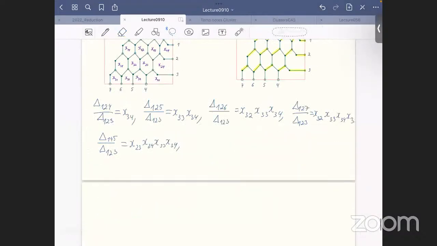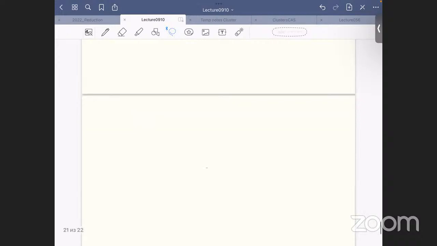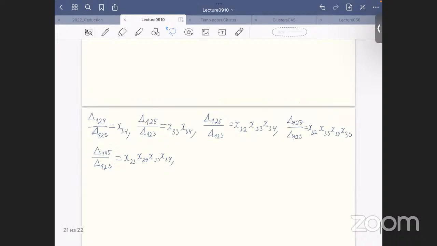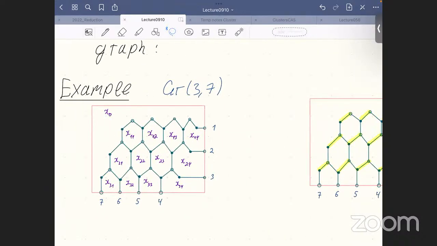These computations I will explain in a minute, but before this, let us look at the picture. So we have this Grassmannian 3-7. All internal faces are hexagonal faces.